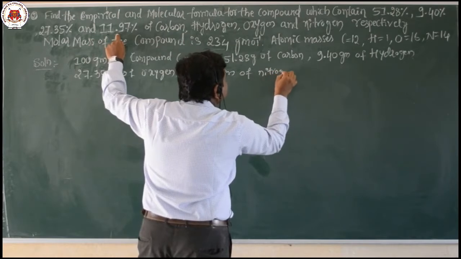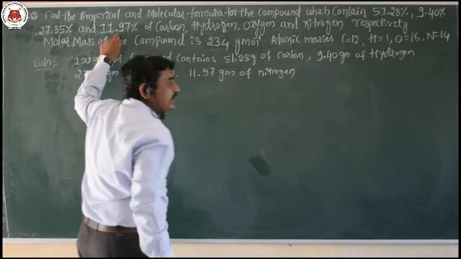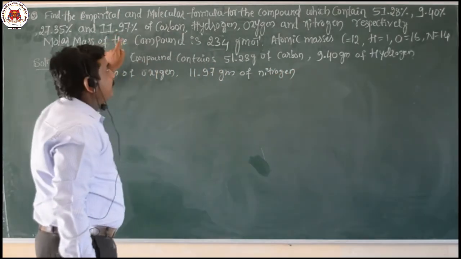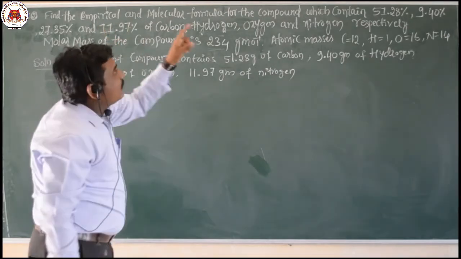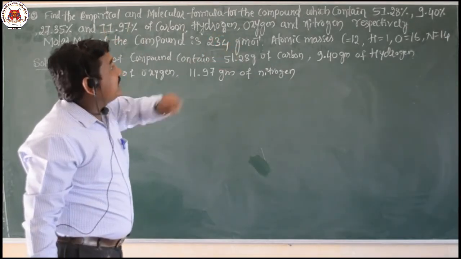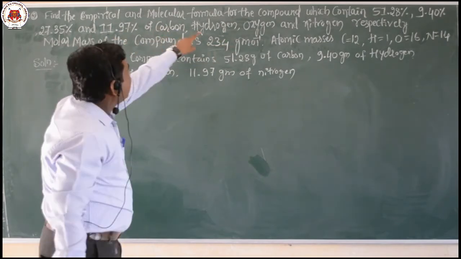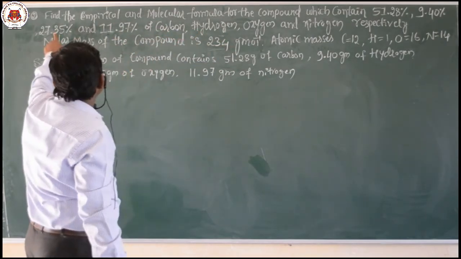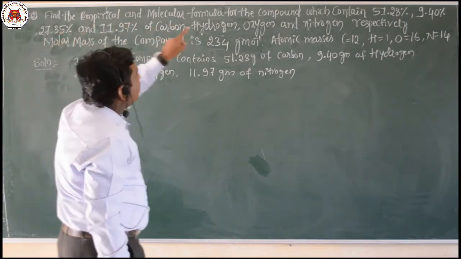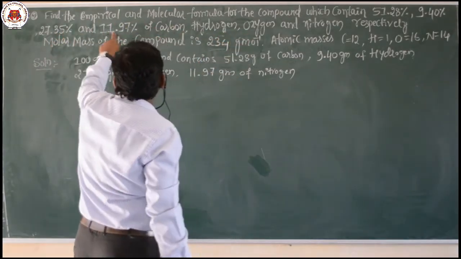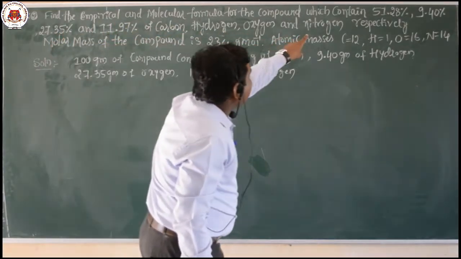In the first step we have converted percentage into gram. So I have written here 51.28 gram of carbon, 9.40 gram of hydrogen, 27.35 gram of oxygen, 11.97 gram of nitrogen.